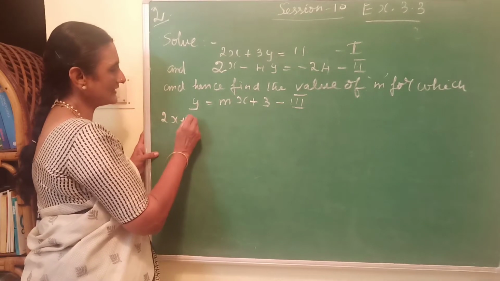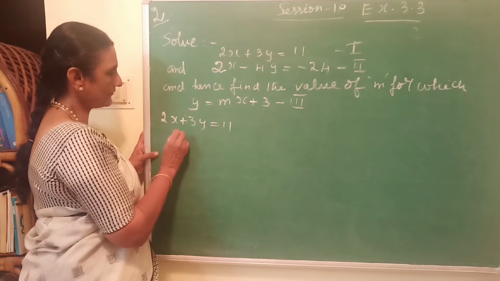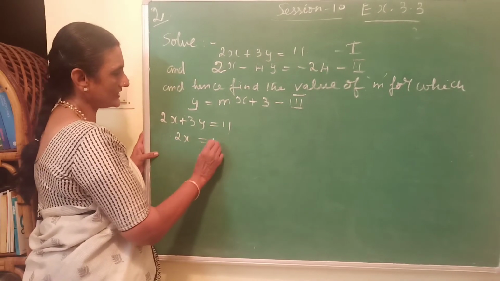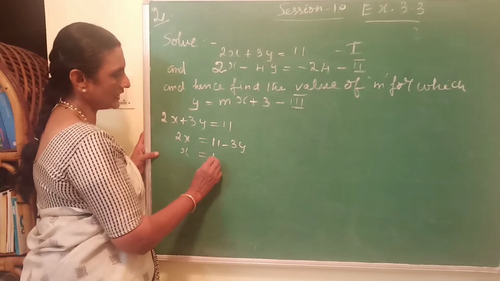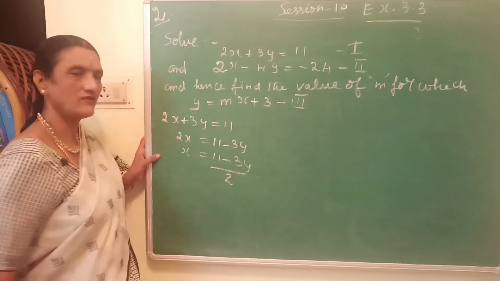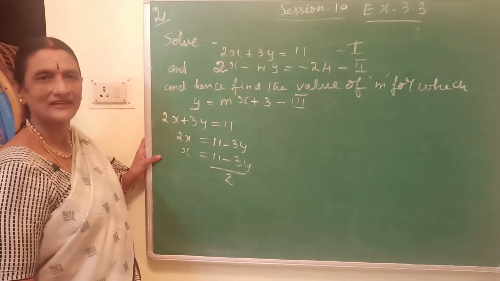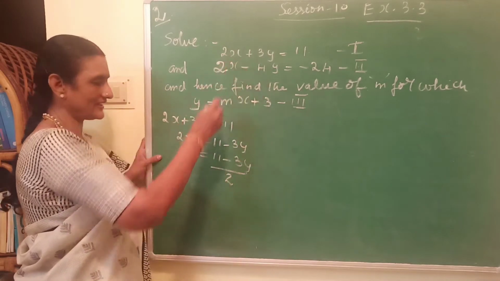2x plus 3y is equal to 11. Therefore, your 2x is equal to 11 minus 3y. Therefore, x is equal to 11 minus 3y by 2. Have you understood this? Is that clear? Now, this value has to be substituted in the second equation.